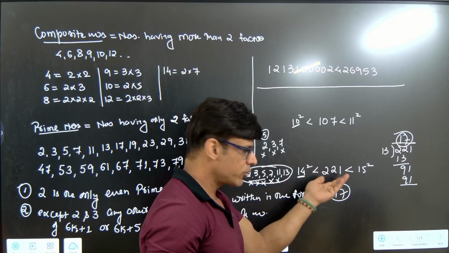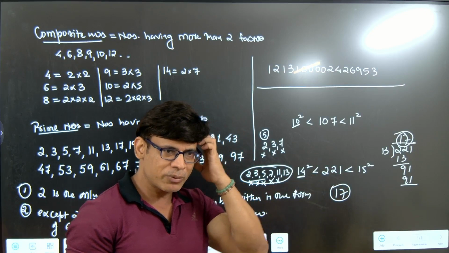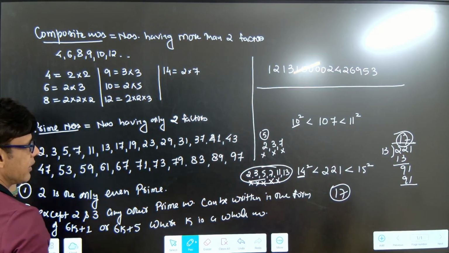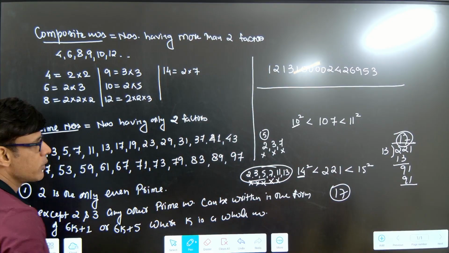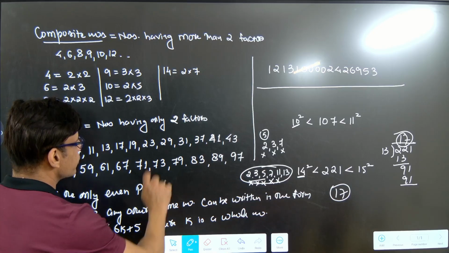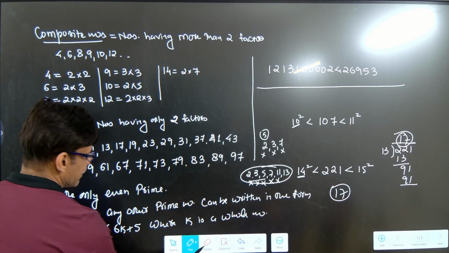If your account number is 221, anyone can hack it in a second. That's why these numbers, social security numbers, are very large.